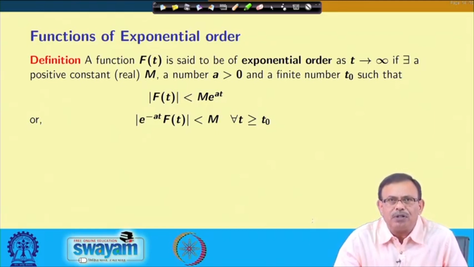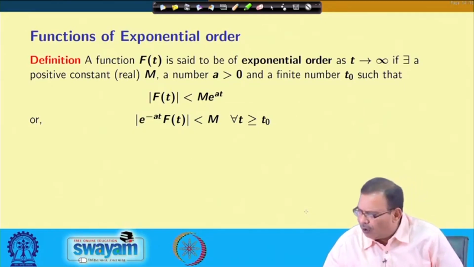So, please note that the absolute value of e power minus at f(t) must be less than M for t greater than t0, then we say that the function is of exponential order.